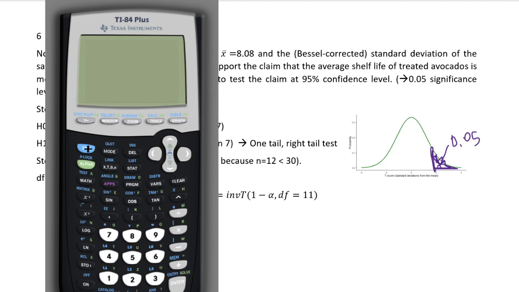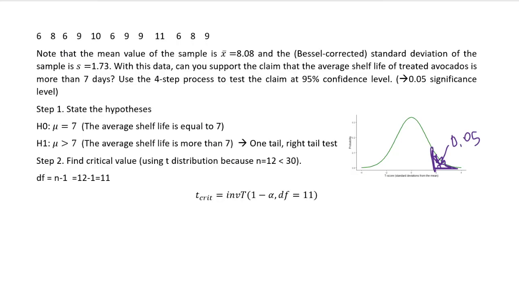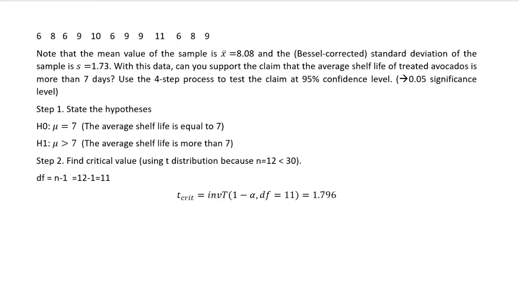And we are going to go to distribution, inverse t, and we are going to put 1 minus 0.05 with degrees of freedom 11, and that gives you 1.7958, or 1.796 if you round it. So this is what we get, 1.796.